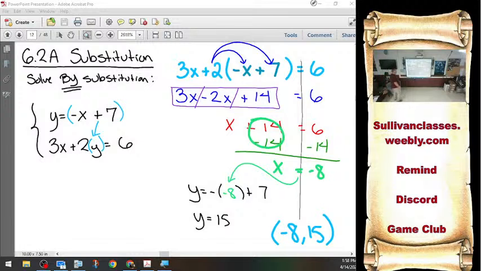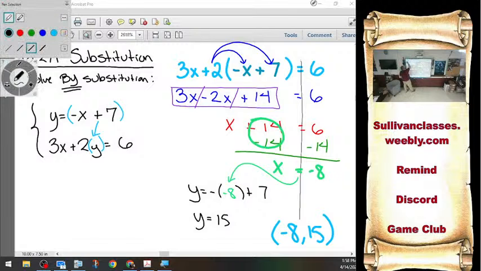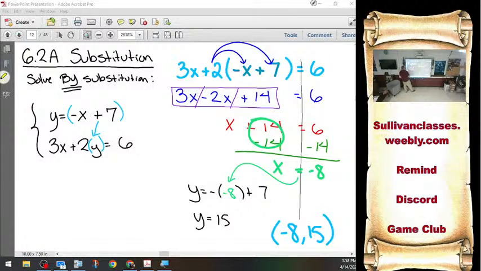Substitution means I get to do this without graphing. So, stage one. It was already set up, y equals stuff. Did you plug it in? Did you use parentheses? Did you distribute correctly?